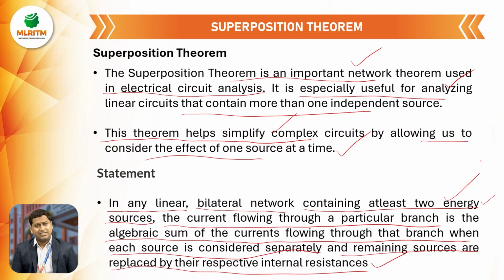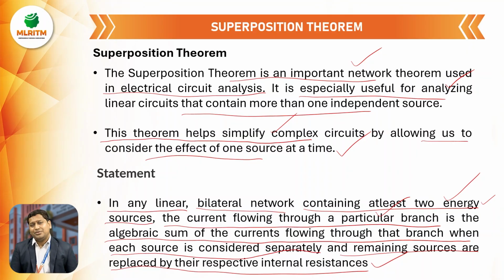The current flowing through a particular branch is the algebraic sum of the currents when each source is considered.